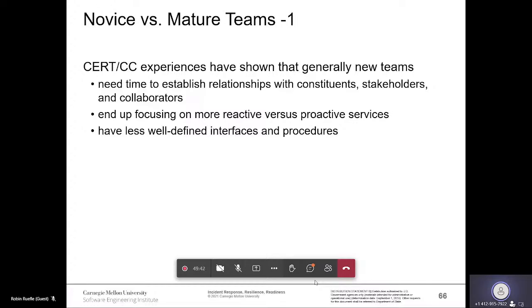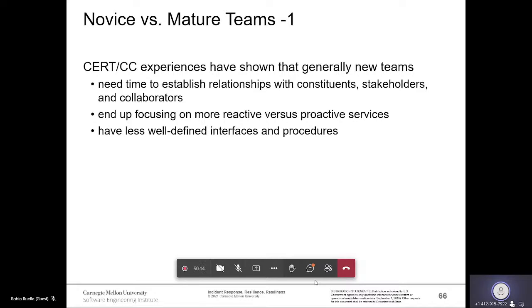And just to wrap up, what we've seen in our years in doing incident management capability building and CSERT capability building is that when we look at novice versus mature teams, we've seen that the novice teams, of course, are usually struggling to establish relationships internationally, locally, across the country, with all the different stakeholders, and they often will need assistance and introductions.